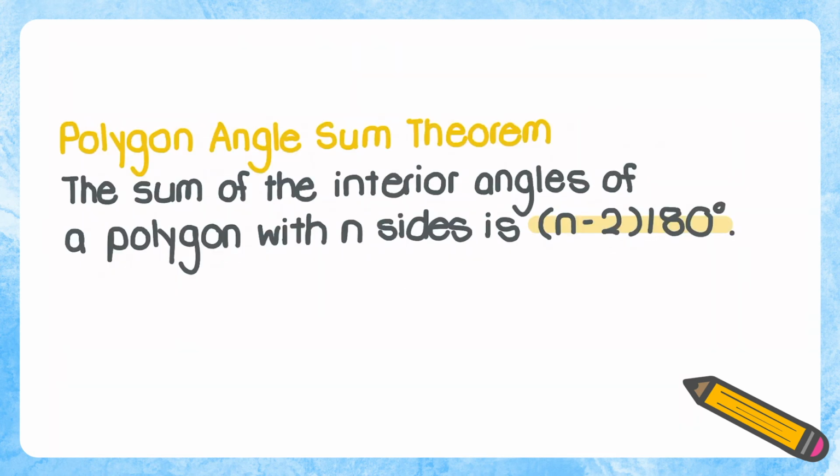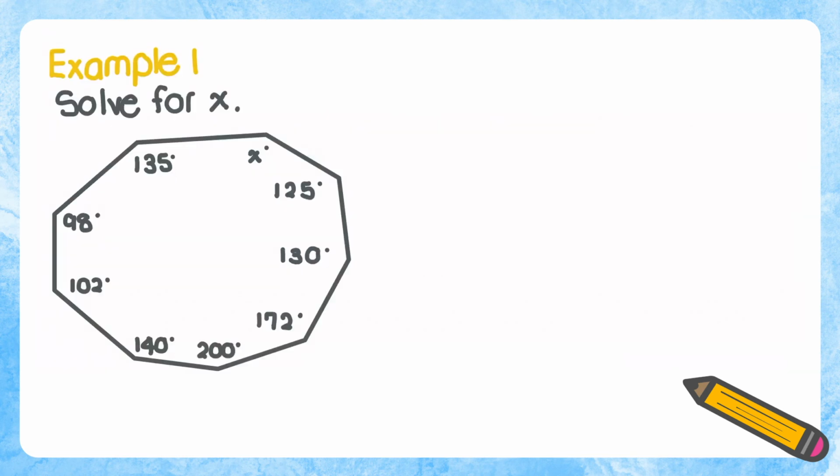And this is actually called the polygon angle sum theorem, which tells us that the sum of the interior angles of a polygon with n sides is n minus 2 times 180 degrees. And we were able to derive this using the table from earlier where we looked at different types of polygons.